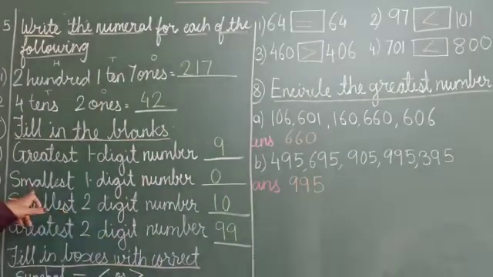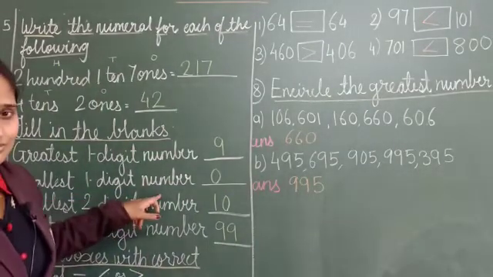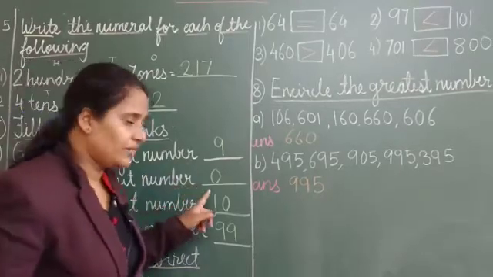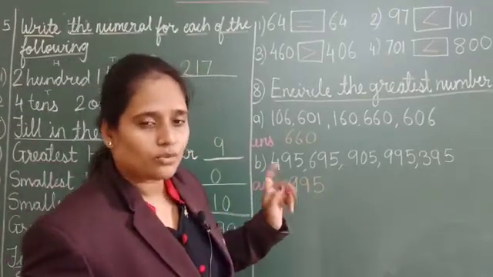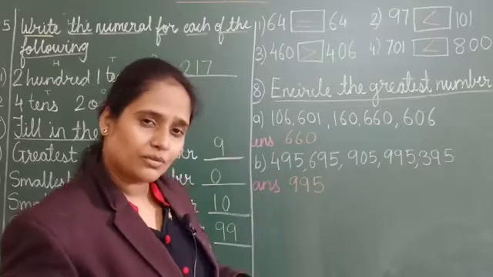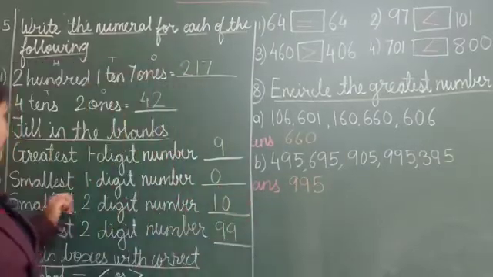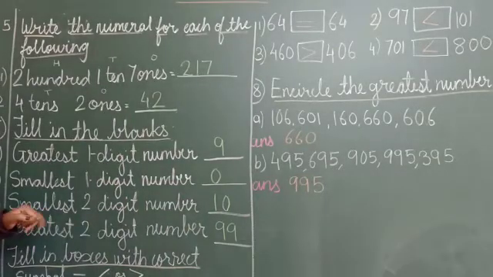Now we have the smallest one digit number. If we take 1, the value of 0 is smaller than 1 also. So it will be 0. Smallest two digit number. Now what do we have?